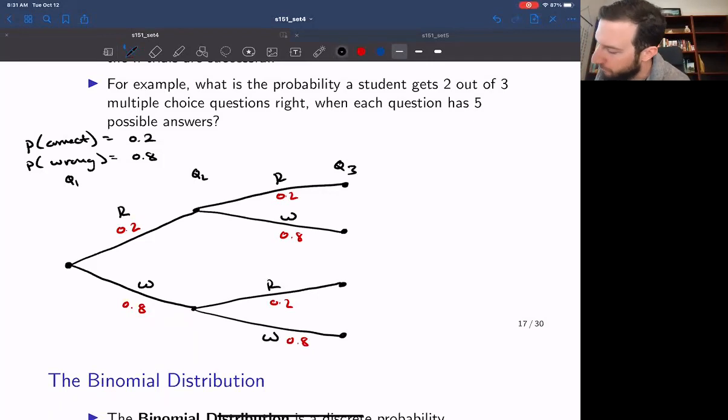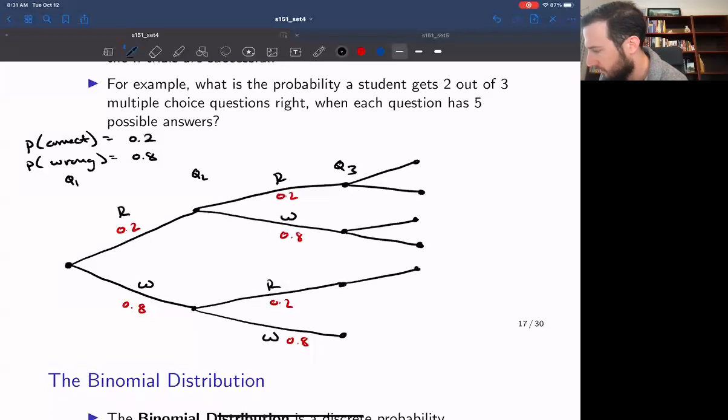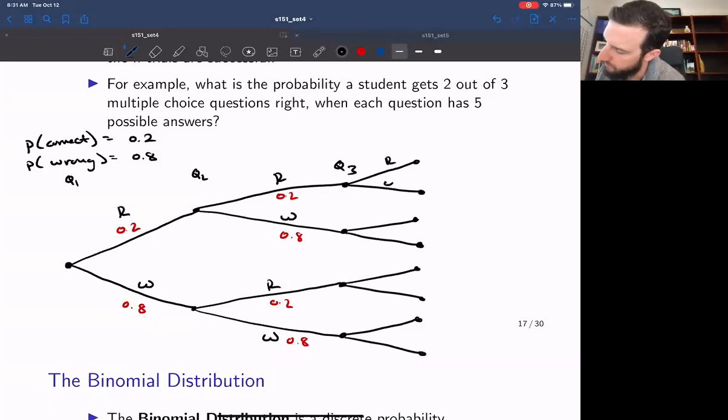And then from Q3, we have the same outcomes again. So we can be right or wrong: right, wrong, right, wrong, right, wrong. And each of these come with the same probabilities.